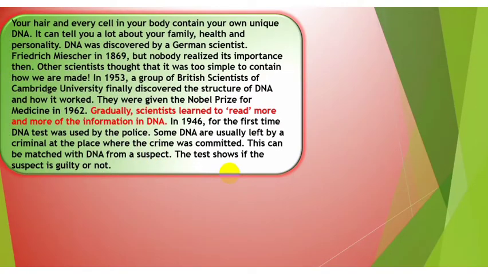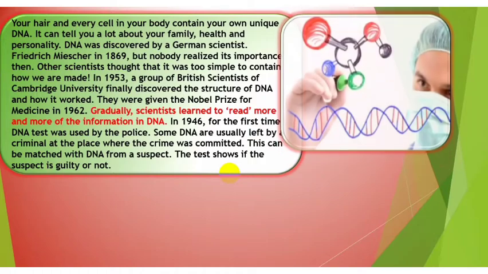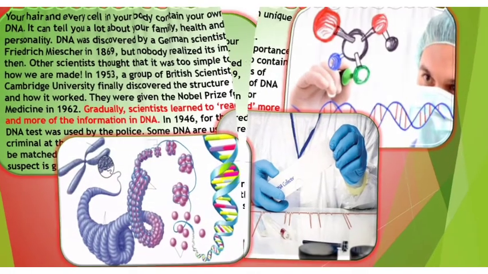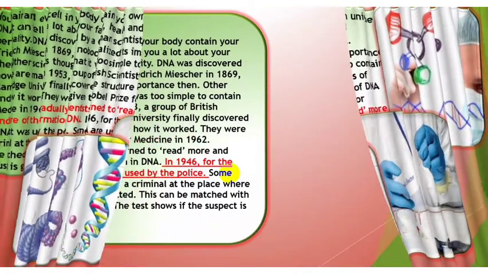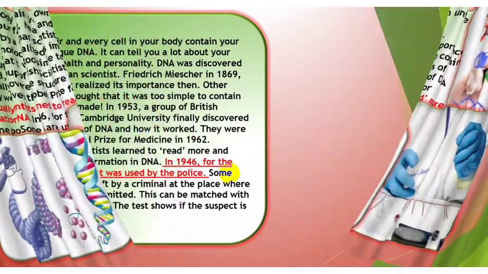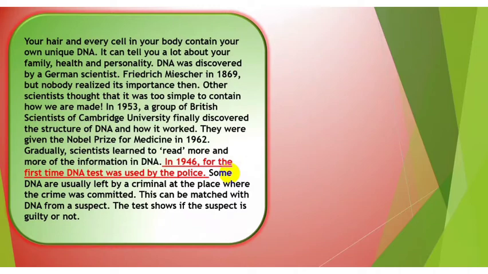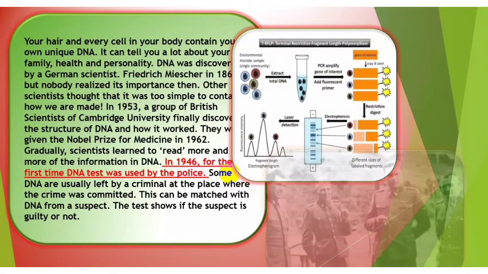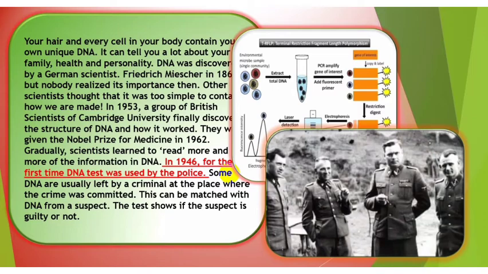Gradually, scientists learned to read more and more information in DNA. In 1986, for the first time, the DNA test was used by the police. Mark this line also. We need this information for information transfer.